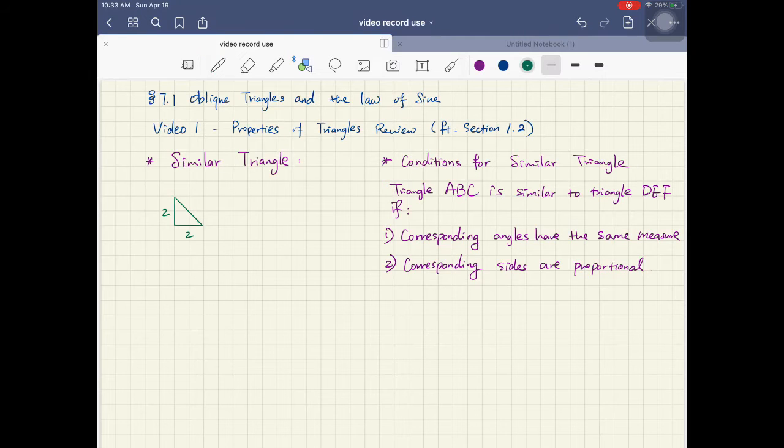Then I'm going to make it larger by extending the 2 and 2 sides to twice the length, so I make it 4. This one has legs of size 4 and 4.